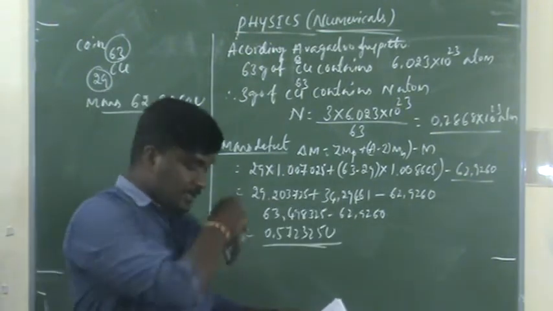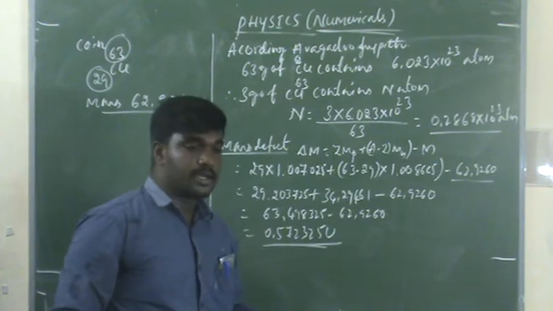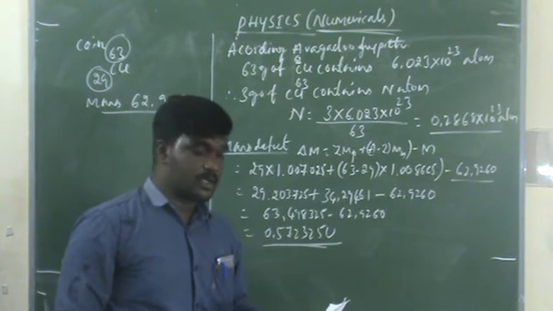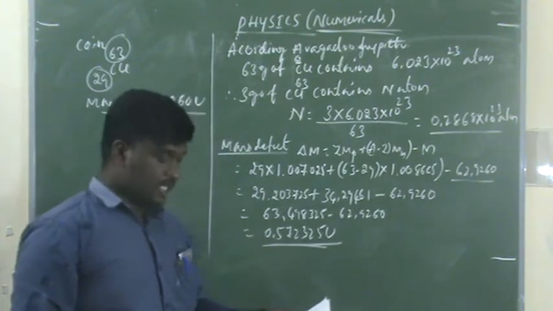Next, given the coin, calculate the nuclear energy that would be required to separate protons and neutrons from each other.